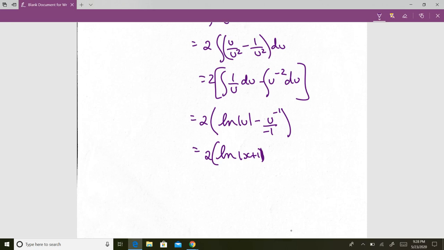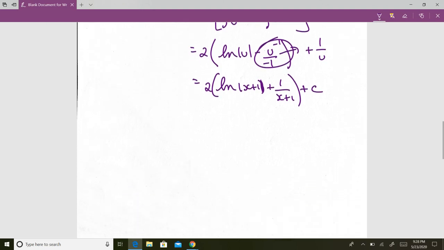This becomes plus 1 over x plus 1, and it's 1 over because this whole thing simplifies to plus 1 over u. And then we tack on a plus c, put it all in brackets, and we're done. And you can multiply the 2 in if you want, but it makes no difference.